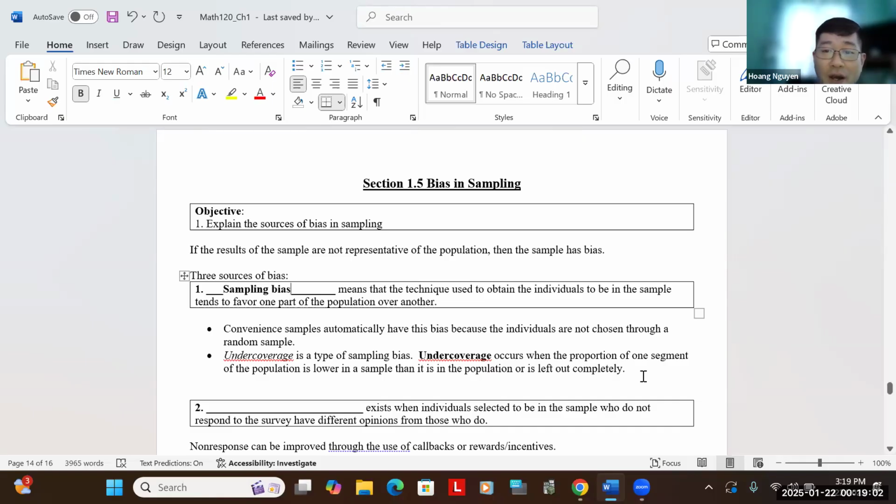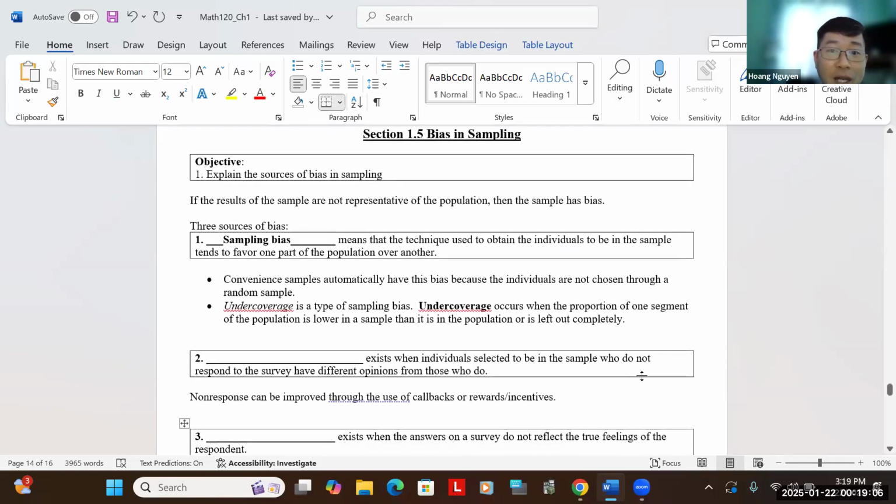We're going to move on and talk about the second source of bias, which is non-response bias. What is the definition of non-response bias?